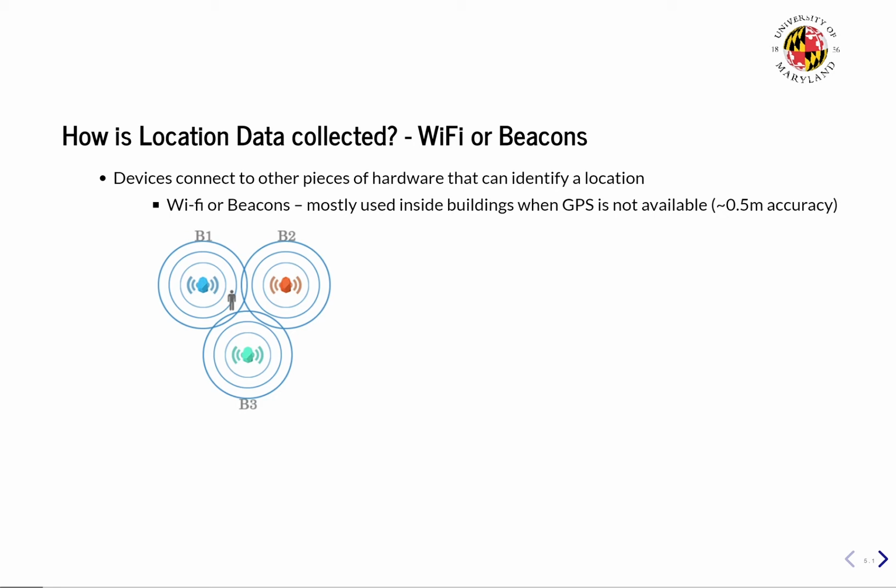Just like satellites, 3 beacons are required for computation of location. This is highly accurate as there is a fixed set of boundaries since they are not really mobile. Their accuracy is up to 0.5 meters. Again, this is because they have a fixed set of boundaries and they are not moving along any other areas.